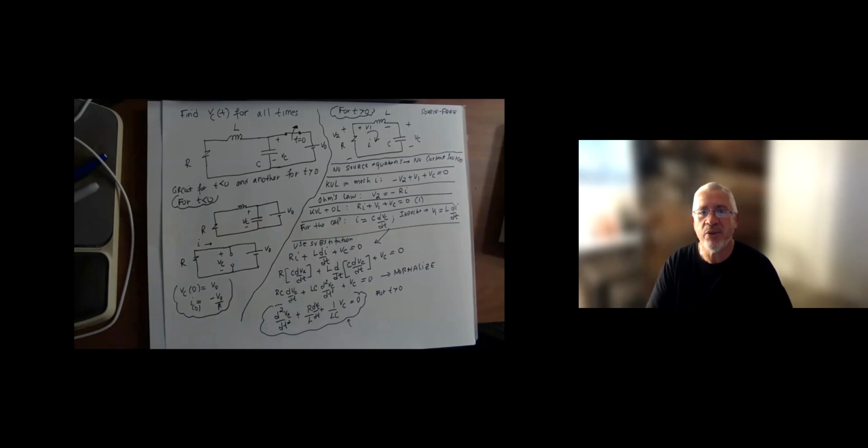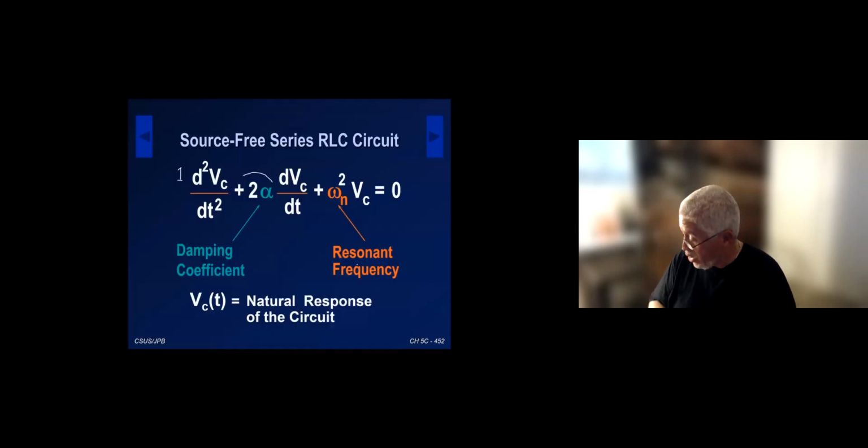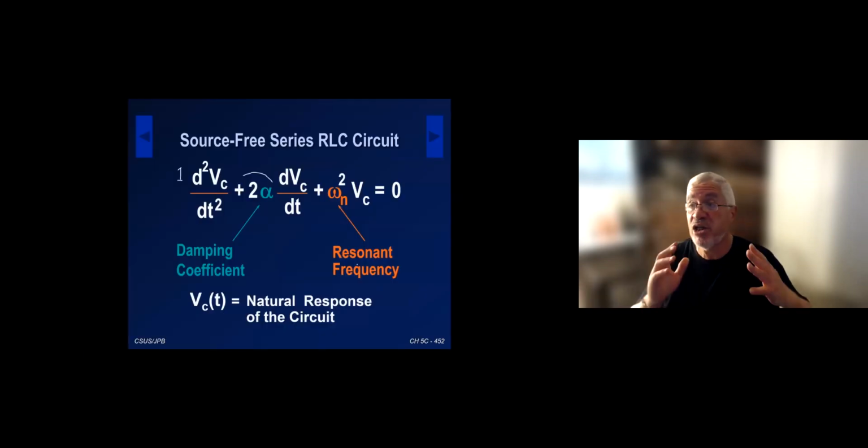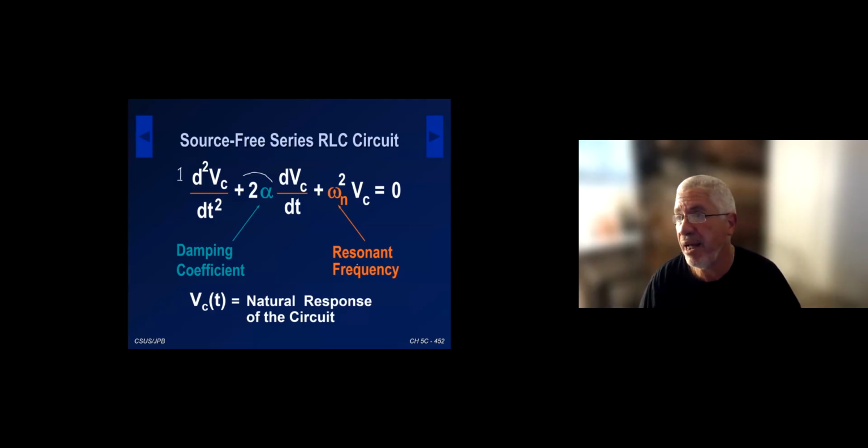So let's go back to the PowerPoint. What we're going to do here is essentially straight out of your Math 45, your differential equation course. The textbook obviously does the same thing, but I wanted to do a review. We are not asking you to prove anything. Once you get the differential equation, you identify the damping coefficients and the resonant frequency, and then you write the solution depending on these values.